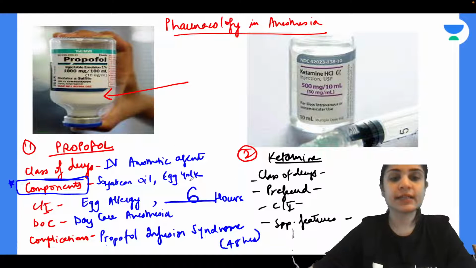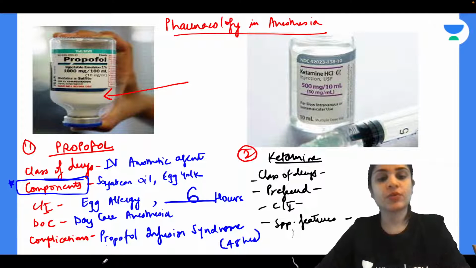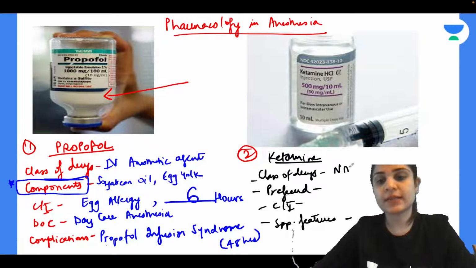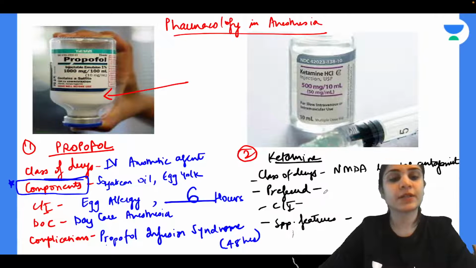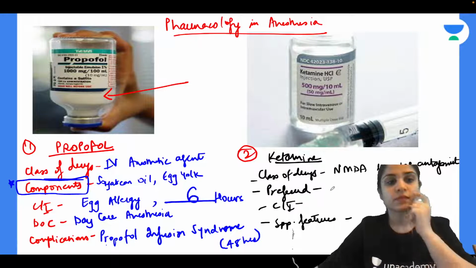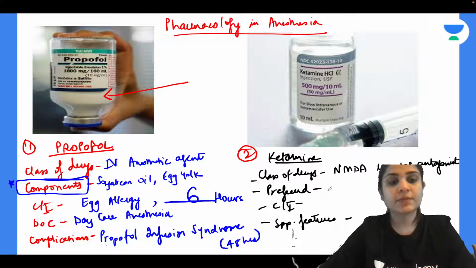Yes, absolutely correct. So ketamine, if we go for the class of drugs, is an NMDA receptor antagonist. Now ketamine is preferred in which case, and it is contraindicated in which case?